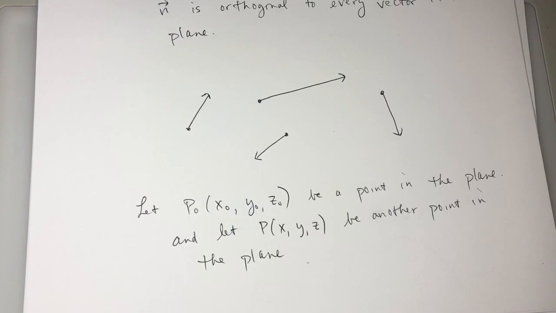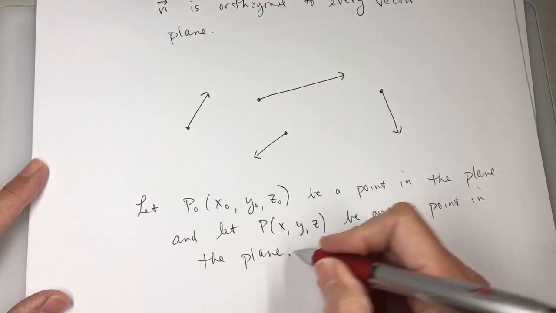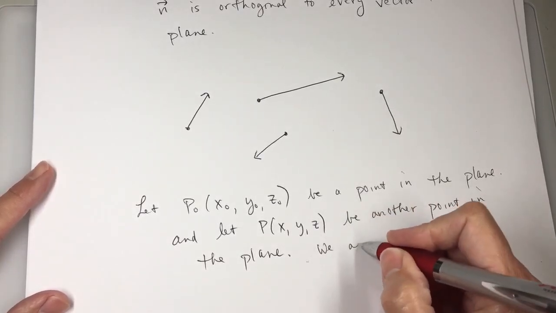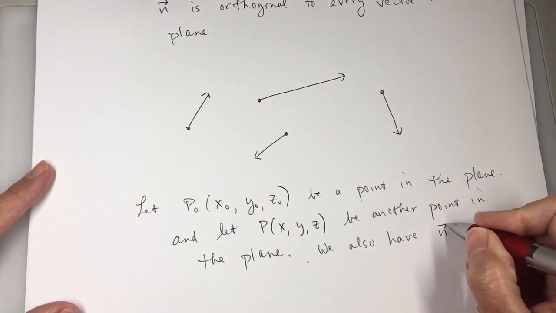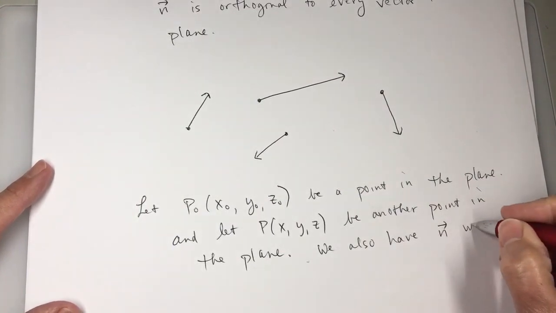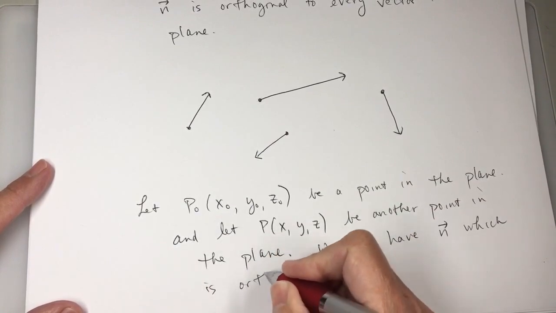That's going to be the point that gives you the variables in your equation of a plane. So that's another point in the plane. And then we also have n, which is orthogonal to the plane.